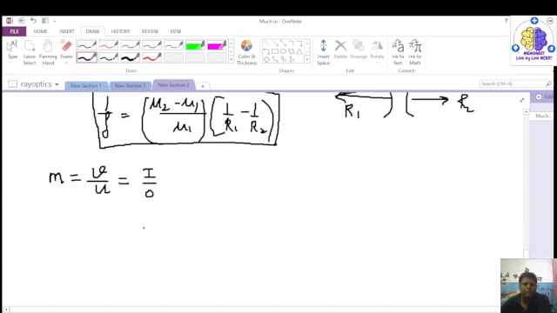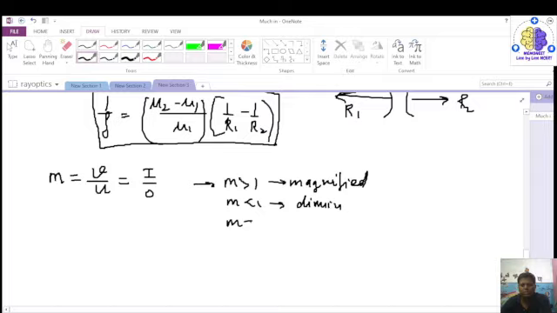Very first thing is that if m is greater than 1, then the image formed is magnified, right? If m is less than 1, then the image formed is diminished, right? If m is equal to 1, then the image formed is of the same size.